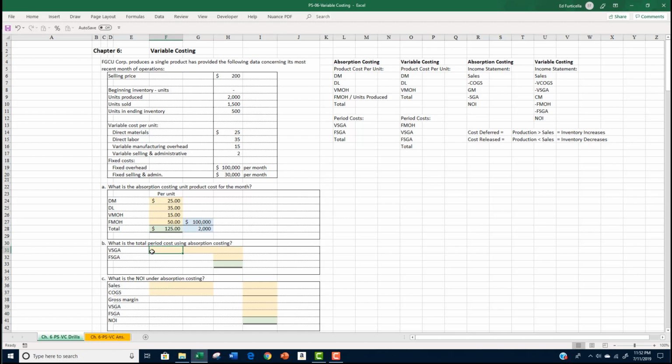We're going to multiply that by the 1,500 units we sell, so we get $3,000. The fixed SG&A is $30,000 per month, so we're going to include the entire 30 because as a period cost, they don't get spread, they get expensed in a period. Then we add the variable SG&A and the fixed SG&A together, and we get $33,000.